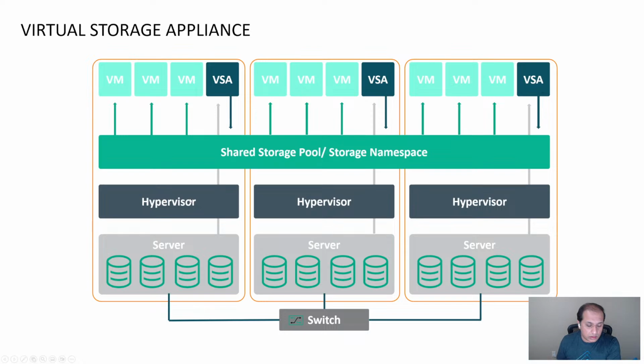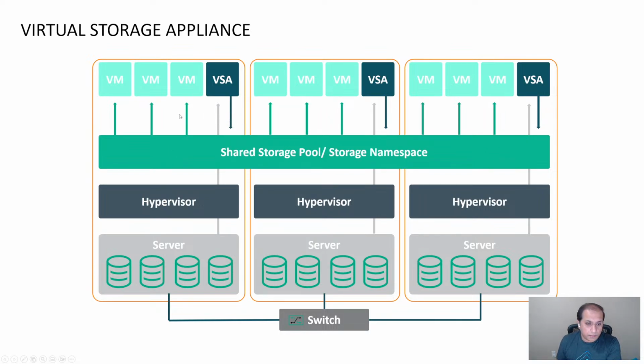The server also has its own storage. These are individual disks, which can be hard disks, SSDs, or NVMe drives, and they all are part of a cluster. We have three servers here. The complete storage on the three servers is shown to the users as a single pool of data and a single namespace.